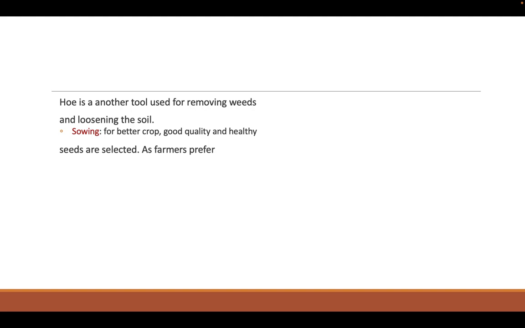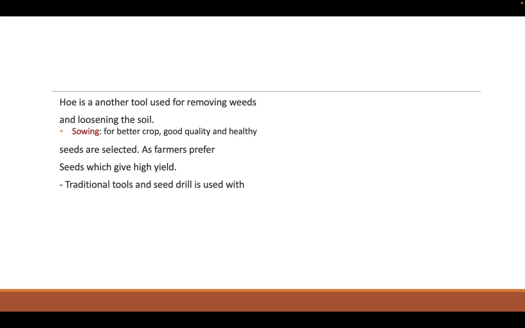Good quality and healthy seeds are selected for sowing purpose. Why is that needed? Farmers prefer seeds with high yield. So if you need a better crop and higher production, you need to do some prep work, like finding out what the good quality and healthy seeds are, and use only those for this purpose.